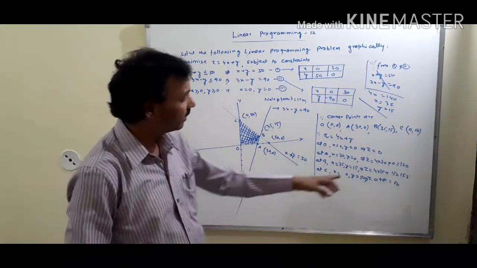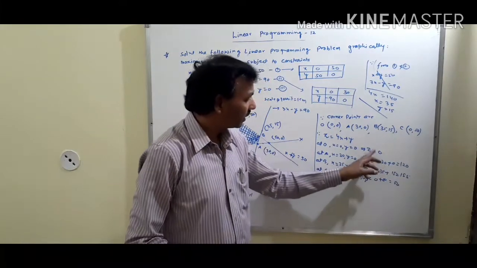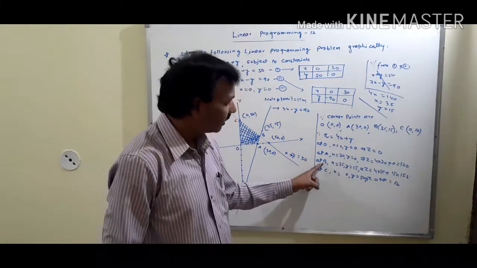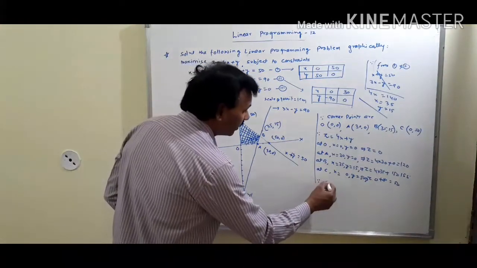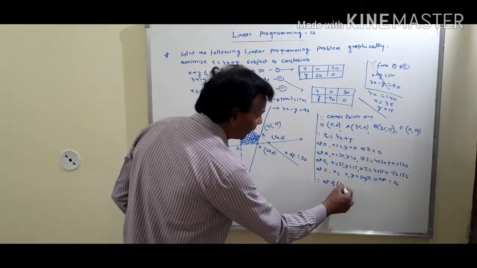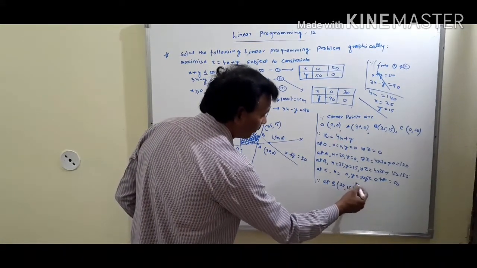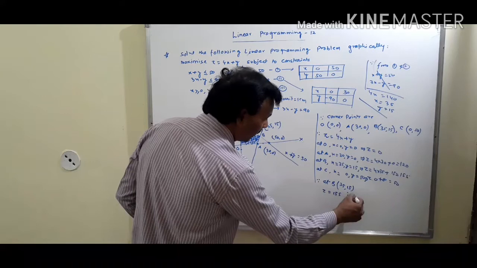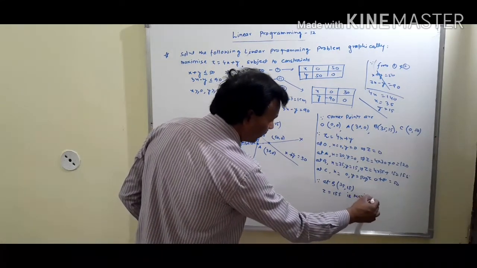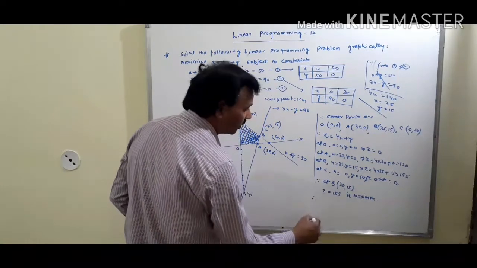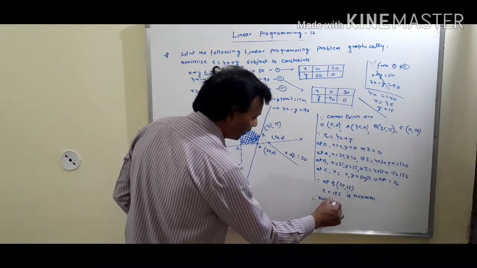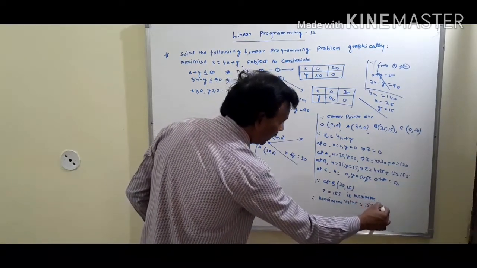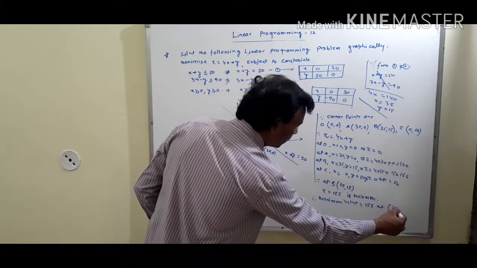Now you can see that 155 is the greatest number, and this value is found at point B, that is 35, 15. Therefore, z equal to 155 is the maximum value at 35, 15.